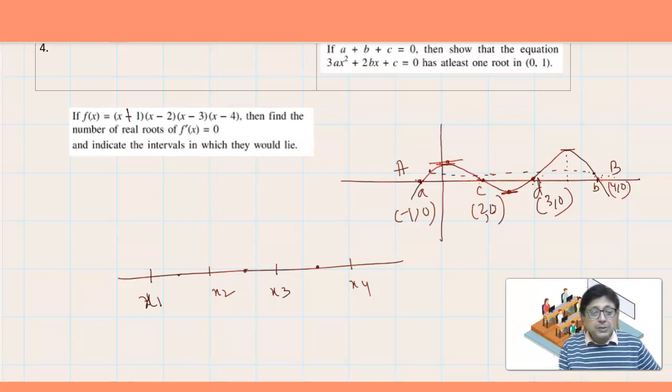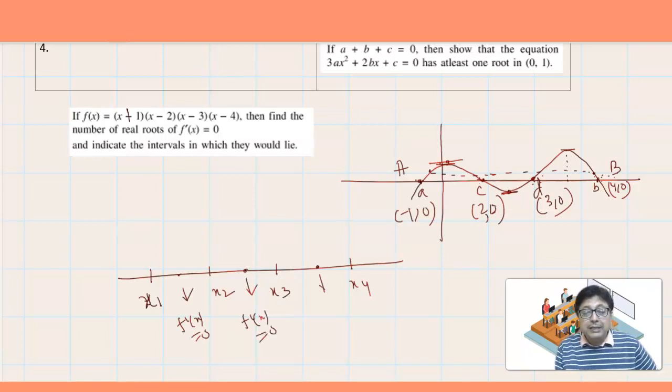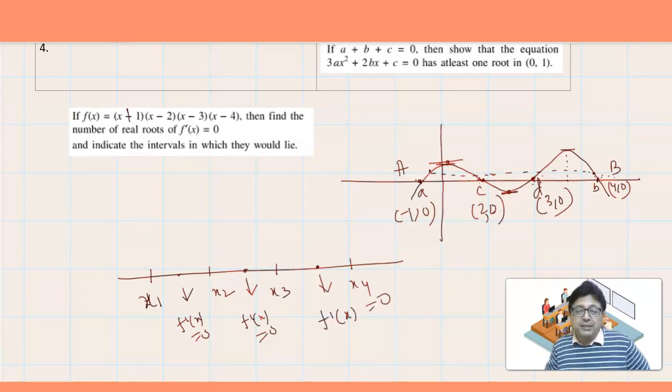So these are roots of f'(x) equal to 0. At this point f'(x) equal to 0. At this point f'(x) equal to 0. So this is the most important fact here: roots of f(x) equal to 0 are separated by roots of f'(x) equal to 0.